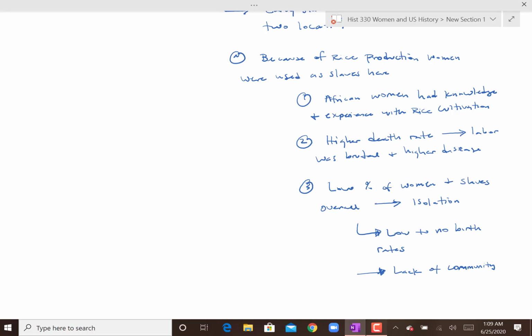And you see that with isolation in jails when they put them in the hole. It's mentally damaging if you're in the hole too long, because you're isolated and you're by yourself.